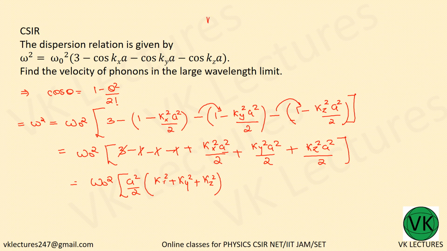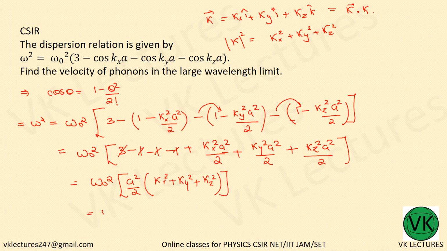Now if I write the vector k as kx i cap plus ky j cap plus kz k cap, then the magnitude of the vector k square I can write as kx square plus ky square plus kz square, because that is nothing but k dot k. So this quantity becomes omega naught square into a square by 2 into k squared. Now we need Vg or Vp is equal to omega by k.